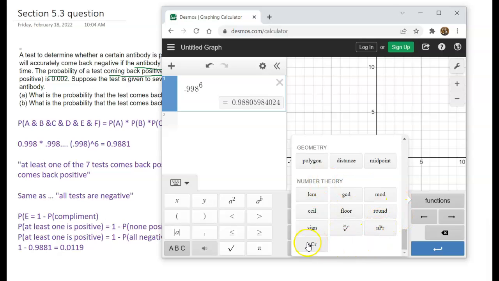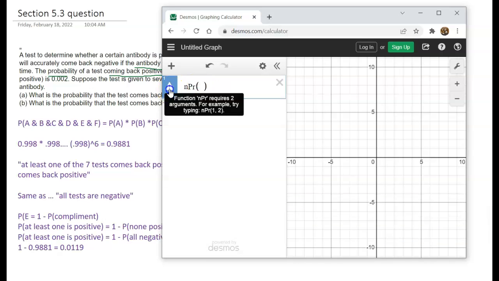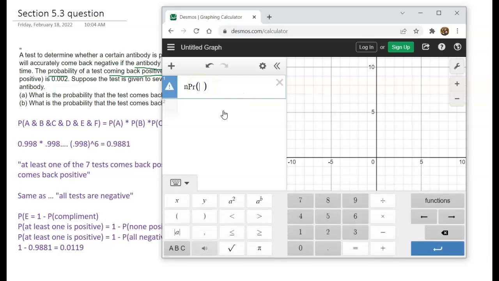There's nPr and nCr. So P is permutations and C is combinations. So you can calculate permutations. And when you do it, it actually tells you what to put in the parentheses. The first one is your n and the second one is your r. And it'll just calculate it for you. So 12 permute 2 is 132. And that's the number of permutations. Okay, I hope this helps.